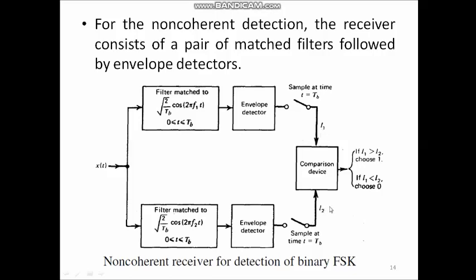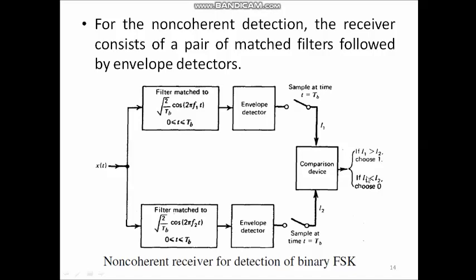The receiver decides in favor of symbol 1 if L1 is greater than L2. Here a comparison device is used, which compares the L1 value and L2 value. If L1 is greater than L2, then the output will be decided as bit 1, and if L1 is less than L2, then the output will be decided as bit 0.